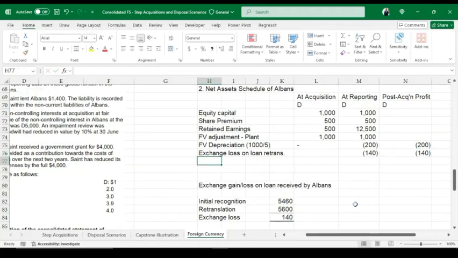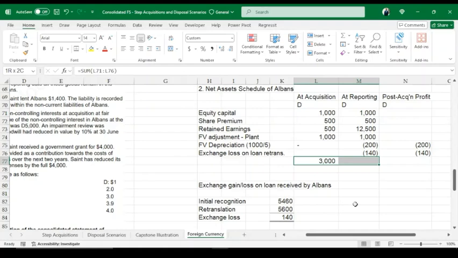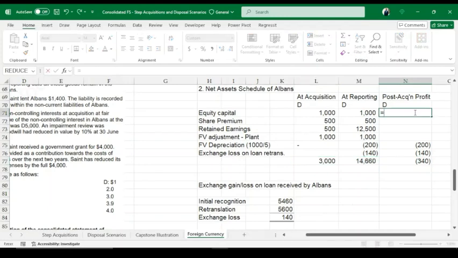All right, so with this, I think we are done with the net asset schedule. So we can go ahead and find the totals. So I can come here, calculate that, and copy the results to the right using Control R. And then when it comes here, we'll have post acquisition, which is the reporting date amount minus the acquisition date amount.